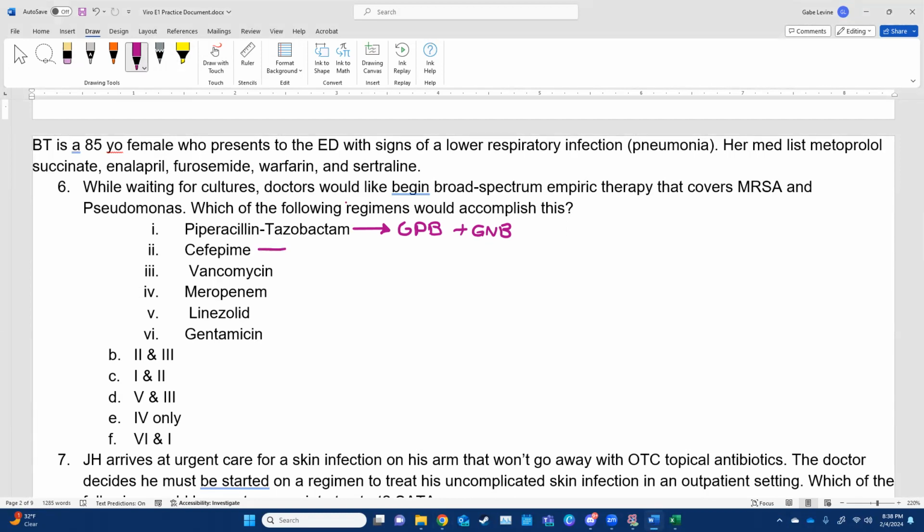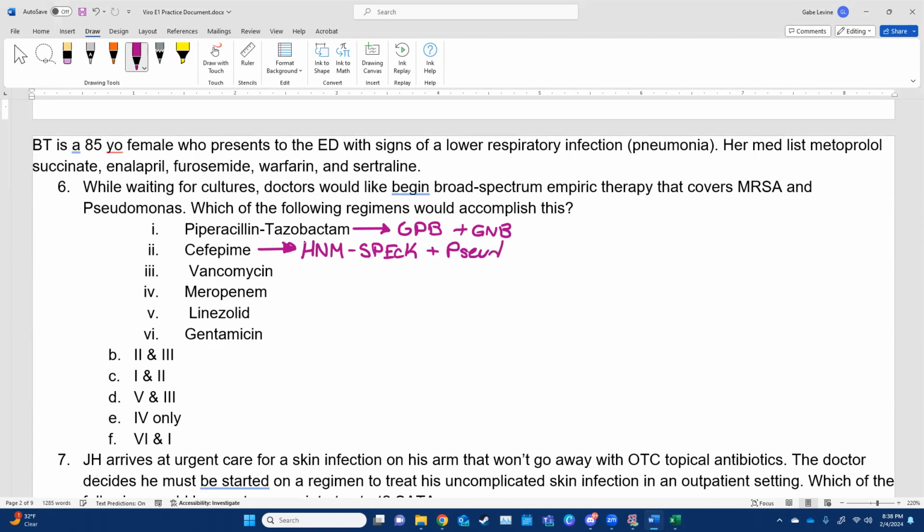All right, cefepime. What is cefepime covering? What acronym are we going to use to describe cefepime? H&M spec. Yep. What about Pseudomonas? Yes.